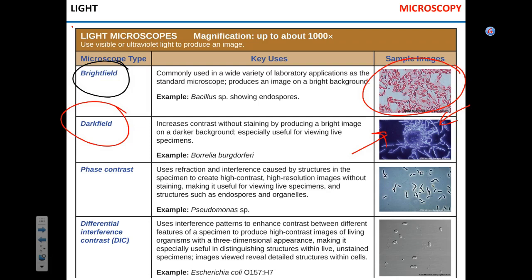But there are microscopes that allow you to observe the image lit up against the dark background. This is really useful to look at live specimens, especially live specimens of really thin bacteria. Does that make sense? Here you can see spirochetes of Borrelia burgdorferi. They're really, really narrow, really thin. But dark field allows you to better visualize them.